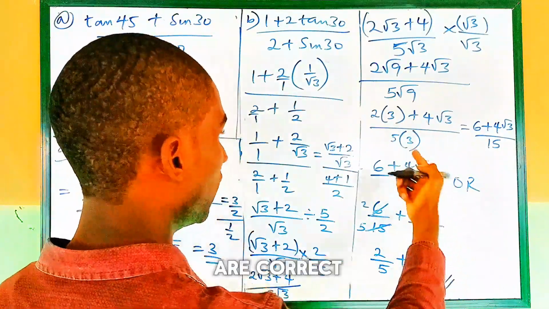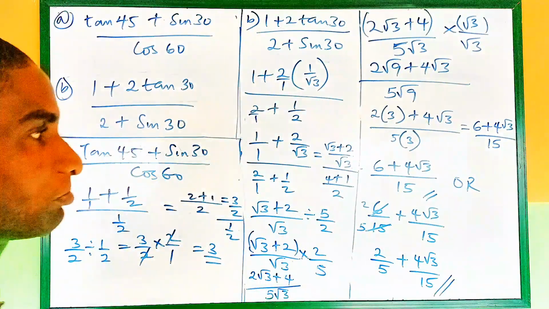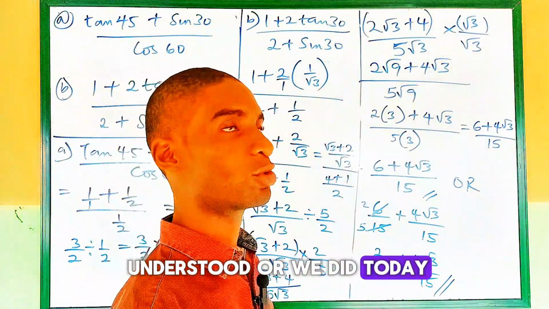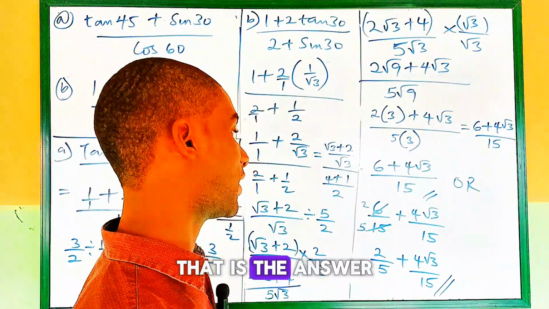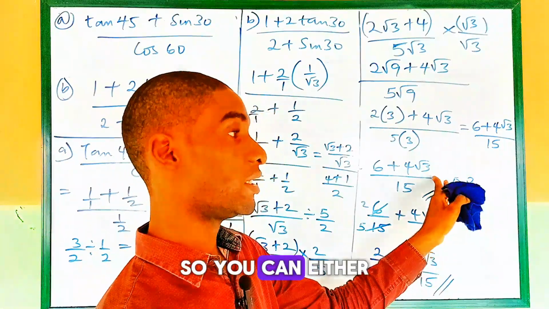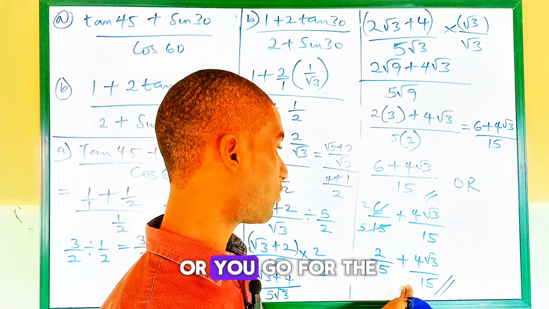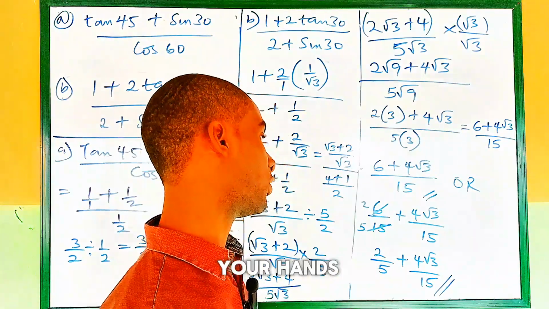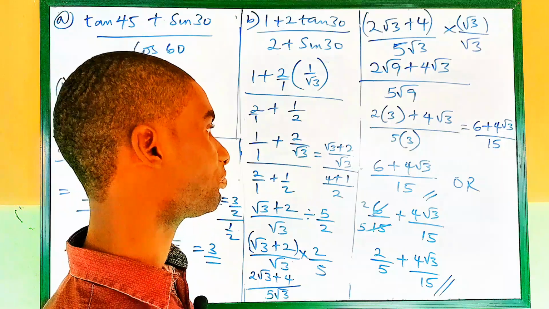Either of these two are correct. So I believe you understood all we did today. That is the answer to the question. So you can't go any further from here.